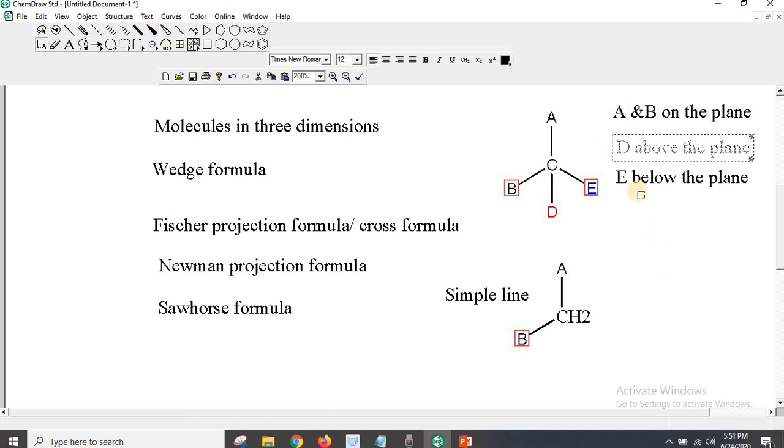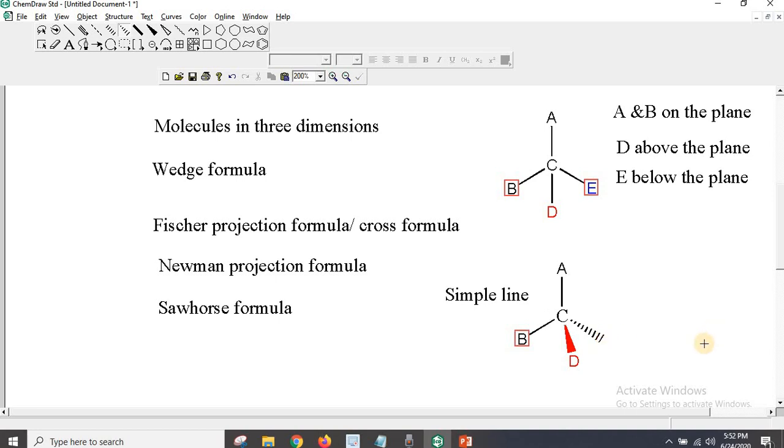Suppose I put this D in red color. It is coming towards you. If I consider this molecule in three dimensions, this D is coming towards you. So here it is D. Then, what is E? E is below the plane, that's why E is written below the plane.